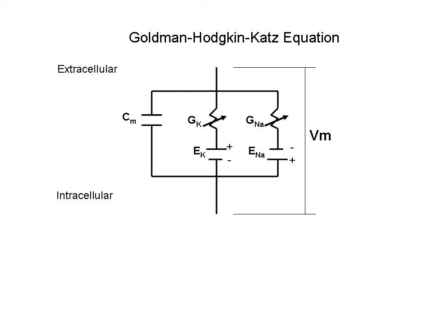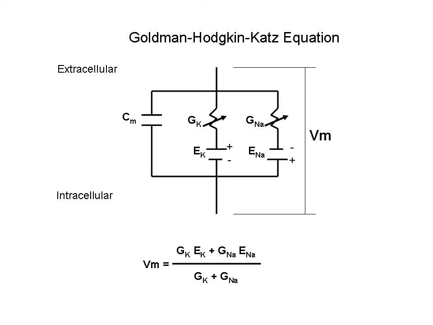So whatever the membrane potential should be to have a steady state situation, which means that the charging of the capacitance does not change, can be obtained by this equation, which is called the Goldman-Katz equation. It's a simple equation. You multiply the conductance for that ion and the Nernst potential for that ion. The Nernst potential for that ion actually is the chemical potential.